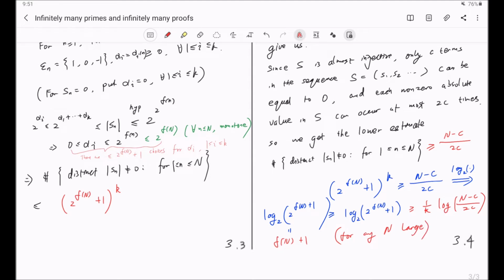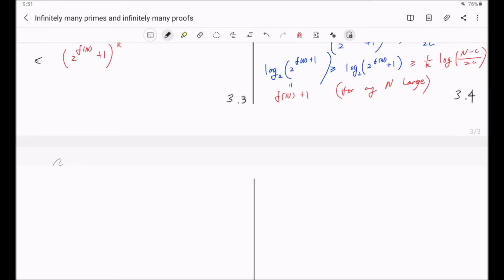But this would be absurd, because if you divide both sides by log base 2 of capital N, the left hand side is bigger or equal to 1 over k times log base 2 of this divided by log base 2 of N. By elementary calculus, we know the right hand side has the limit 1 over k.